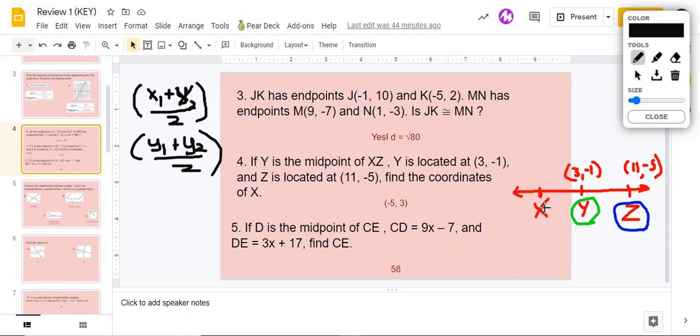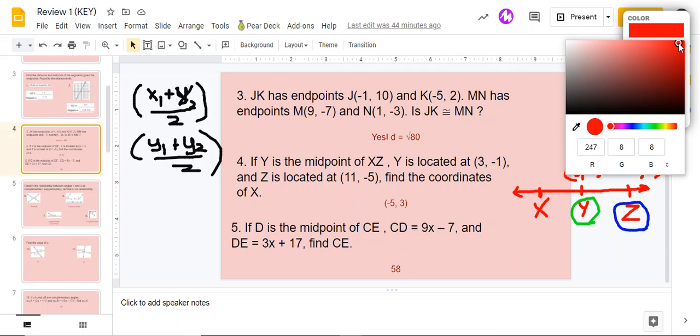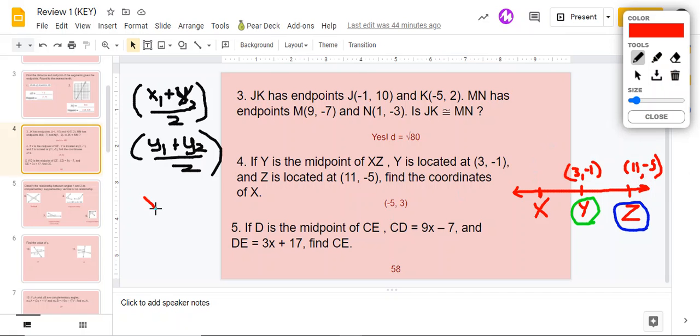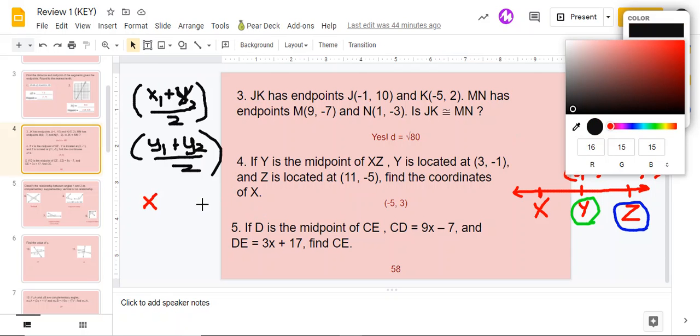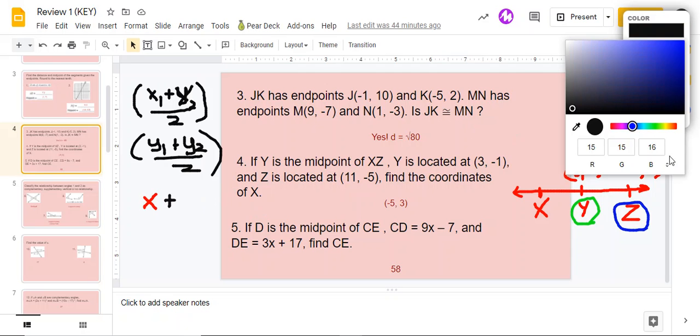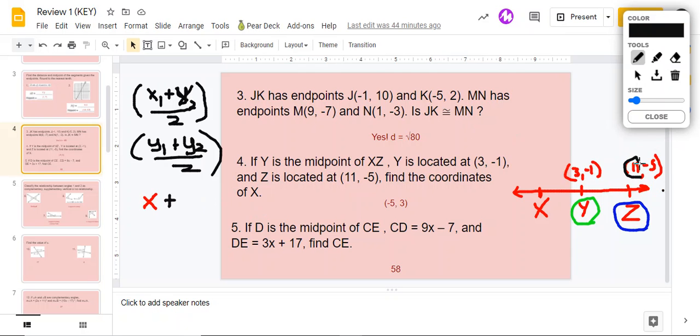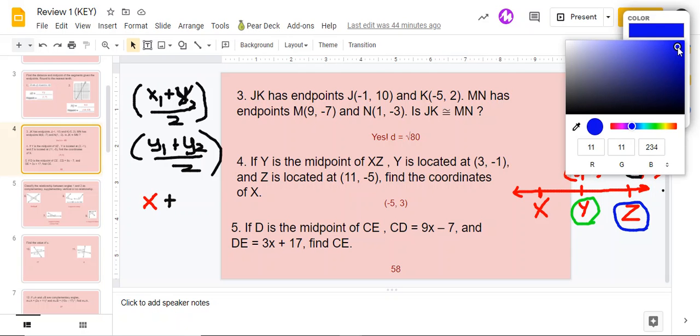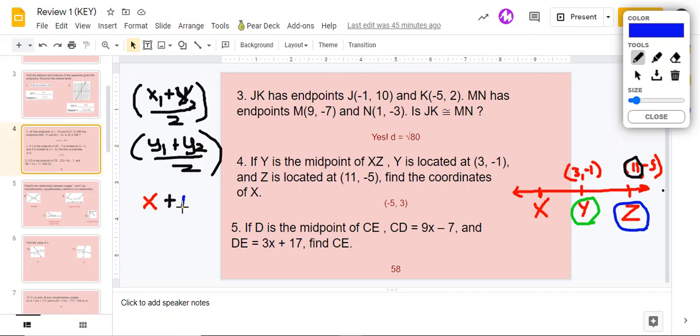So I'm going to do the same thing, and I'm going to solve for x. I have my first x value. It doesn't matter which one I use, but the unknown x value for x, and I am adding that to my known coordinate point for z. I know that the x value for z is 11 for that ordered pair.